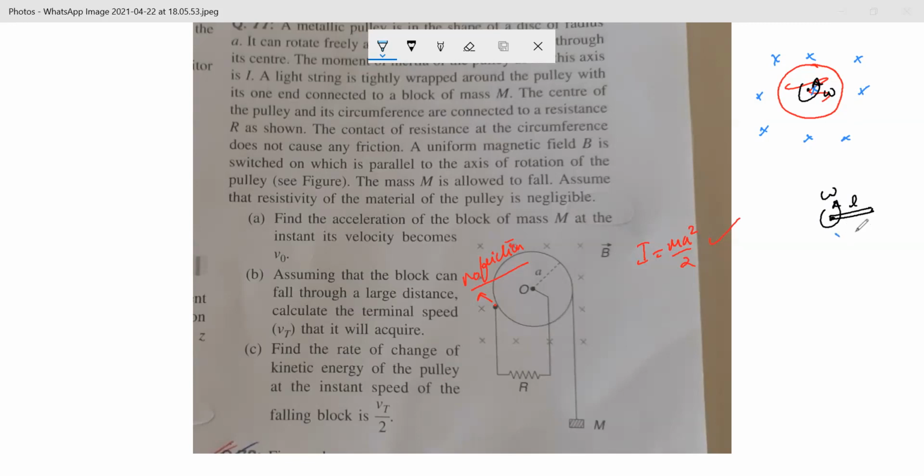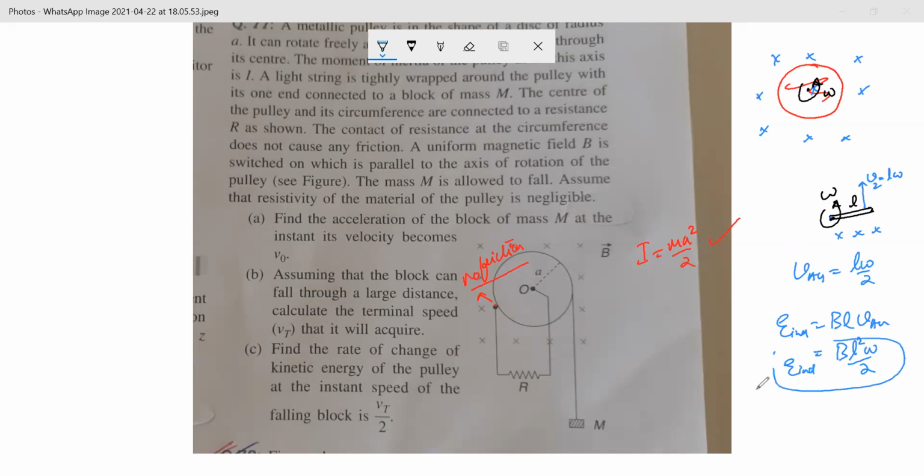The trick to remember is that this end of the rod has a velocity of L omega, and this end has a velocity of 0. So the average velocity is L omega by 2. So the EMF induced is equal to BL into average velocity. That's one very easy way of remembering. It is BL square omega by 2.